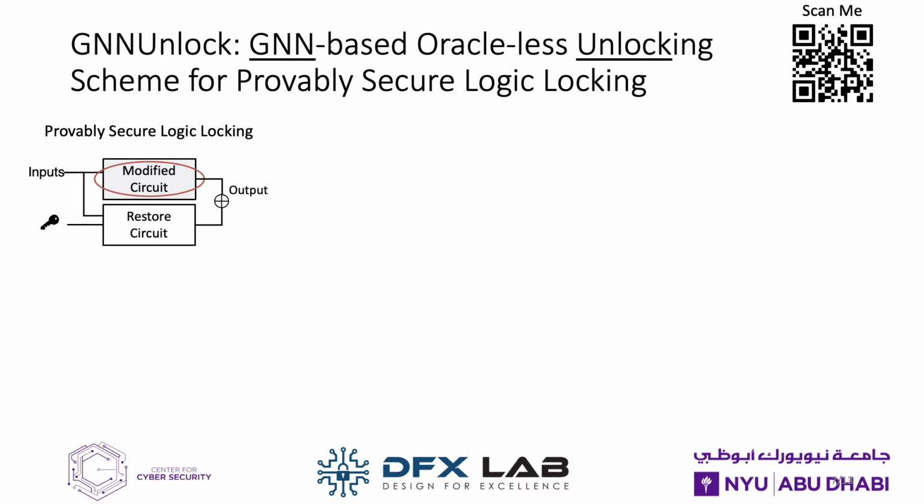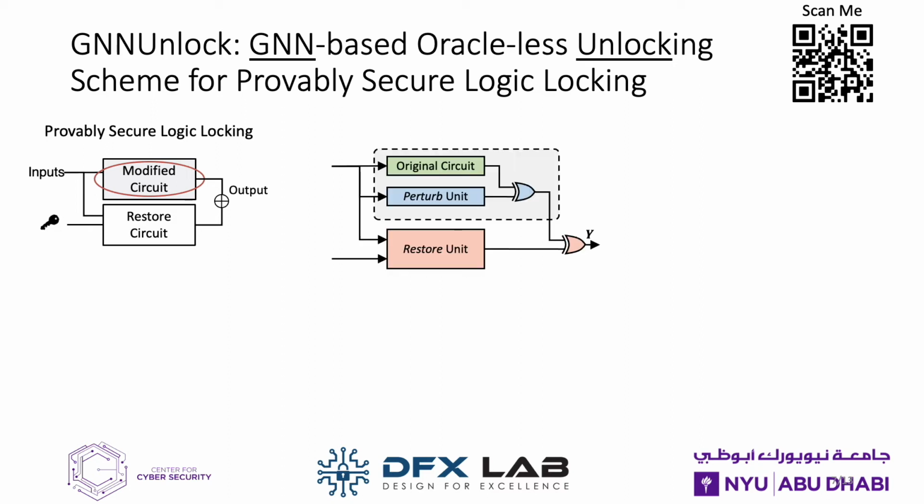So the circuit will be modified so that it will basically produce invalid outputs for an invalid key. And in this specific implementation, these built-in errors, let's say, are implemented using two units, the perturb and the restore unit.